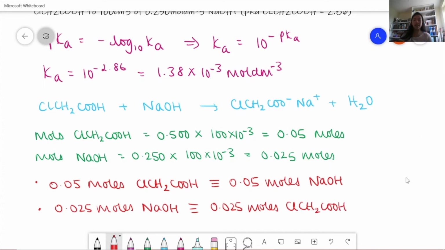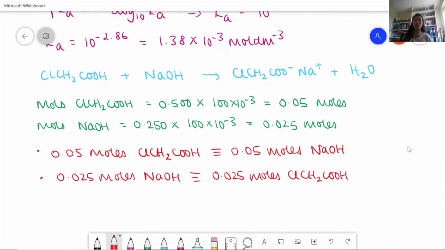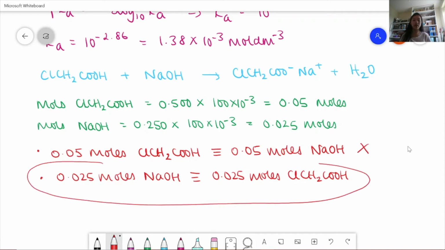And now we can see that only one of these can happen because we don't have enough of the sodium hydroxide for the first reaction to happen. So we must have this second scenario here.